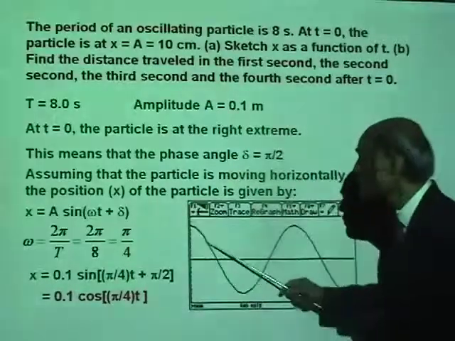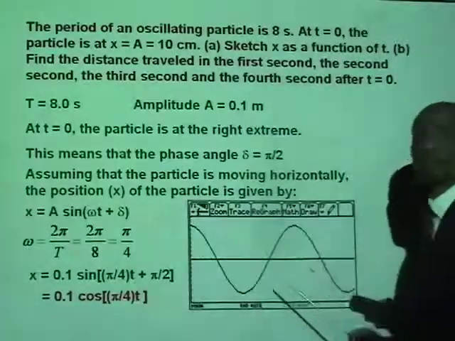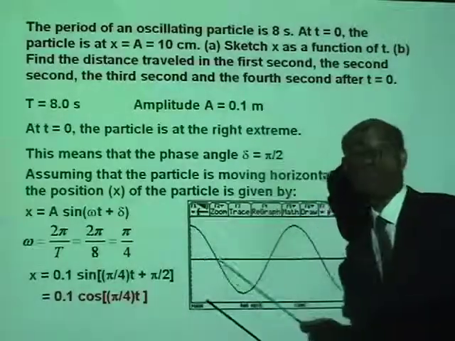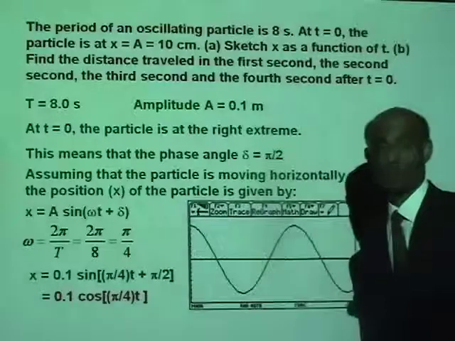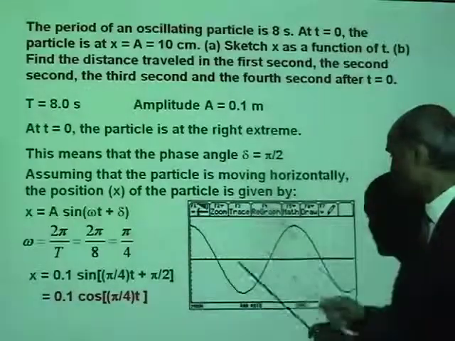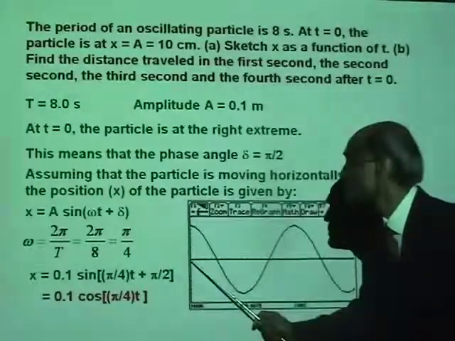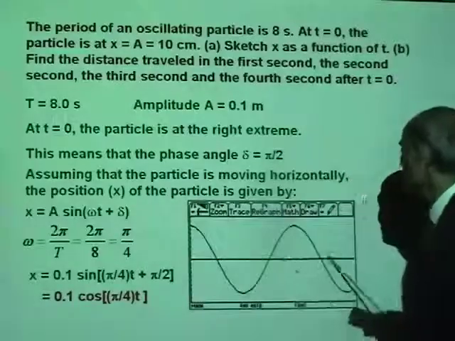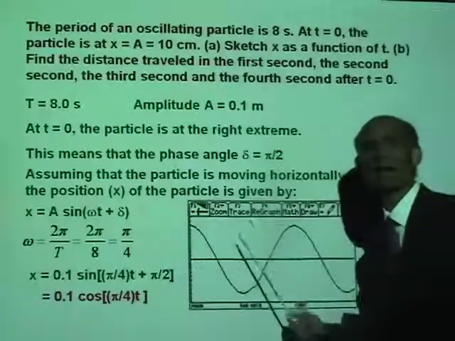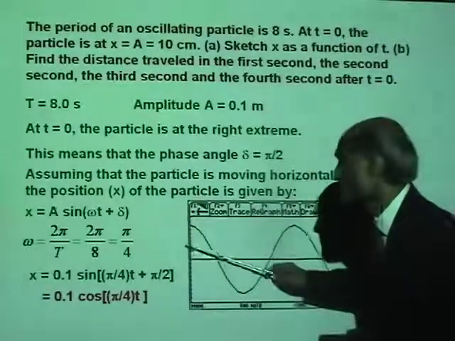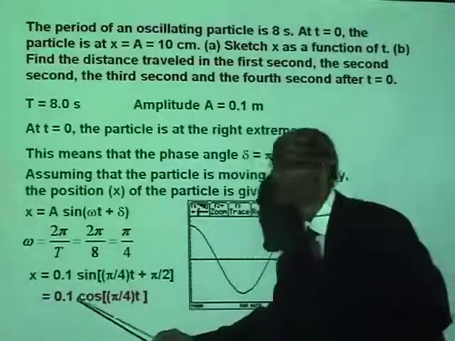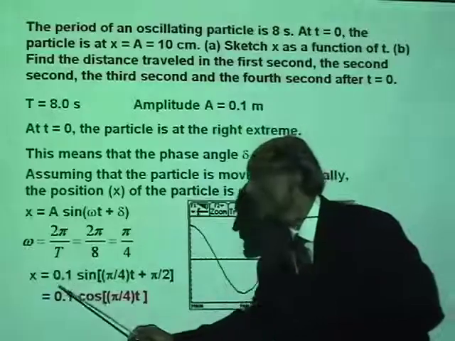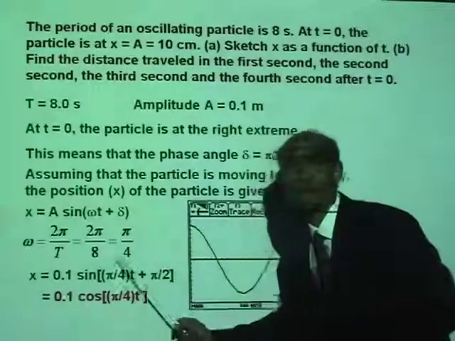Now this is the graph of that function. I obtained this on my calculator. You can draw it on the calculator. Alright? Take the x scale from 0 to 4 pi, and the y scale, you can see the maximum value of this x will be 0.1.